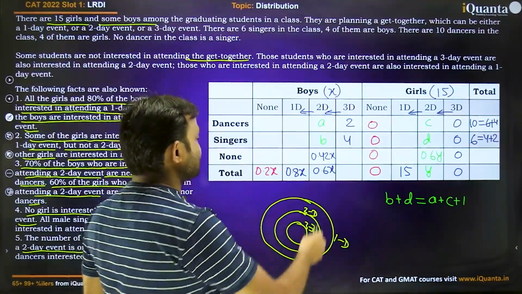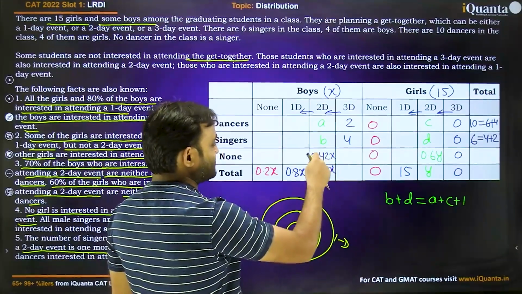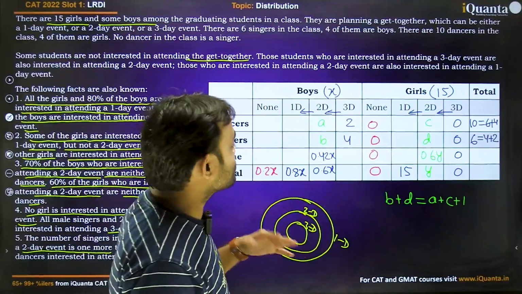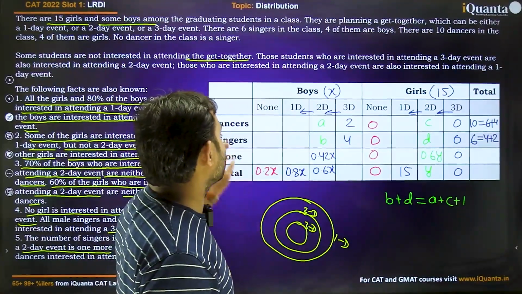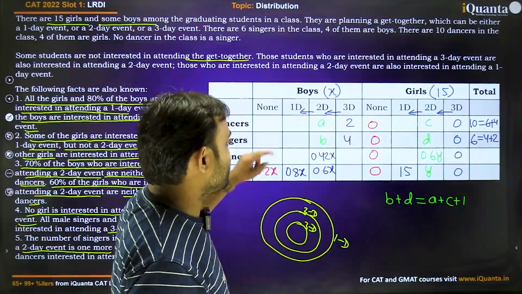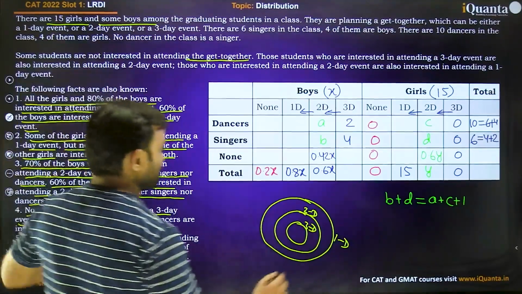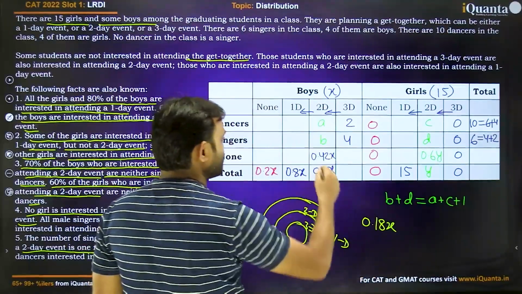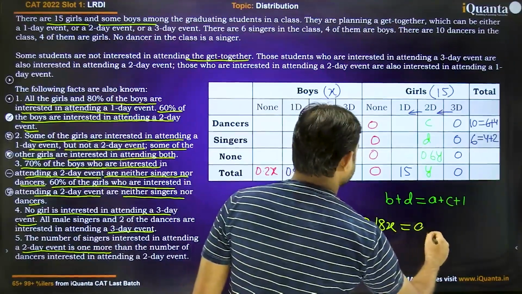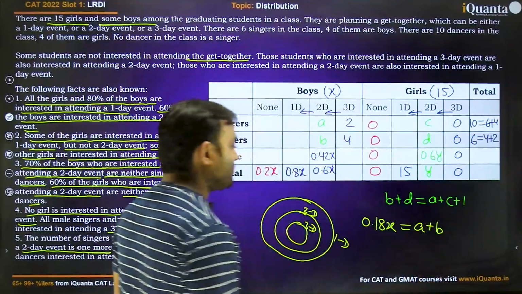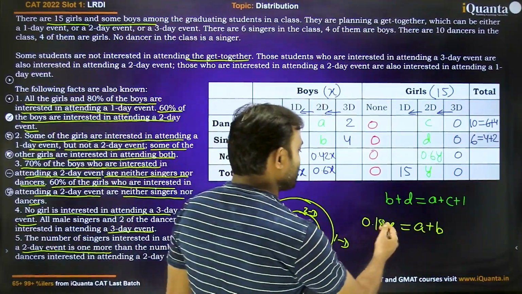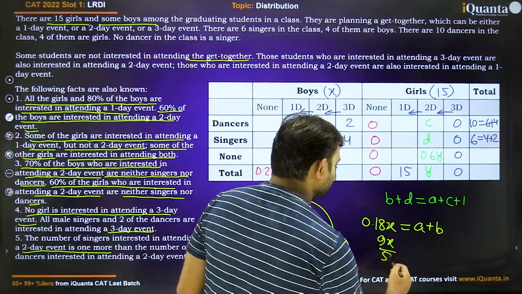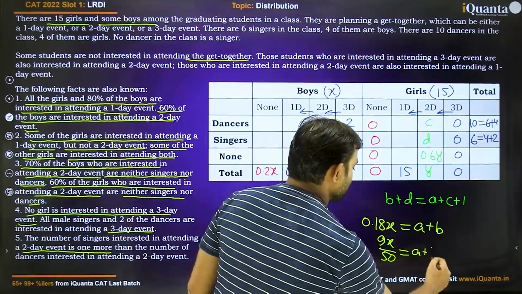Now we know that out of x, 0.42x are those boys who are neither dancers nor singers. So 0.18x of the boys must be A plus B. What can we say about this? 0.18x is nothing but 9x by 50. This should be A plus B.